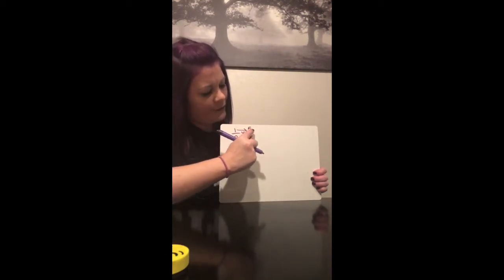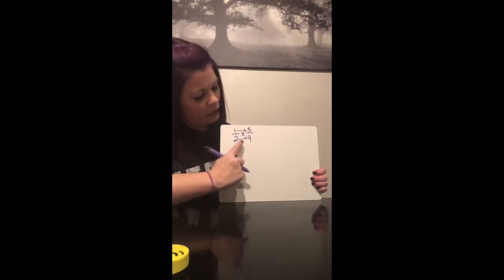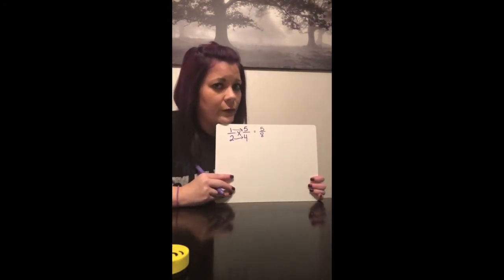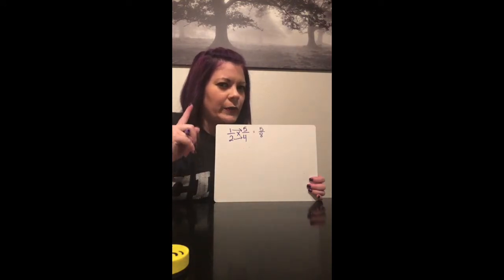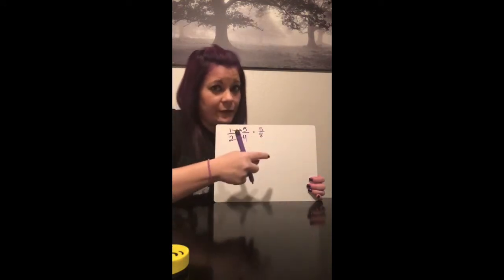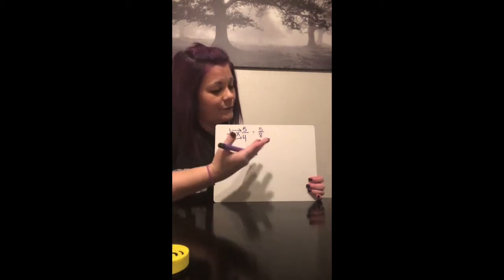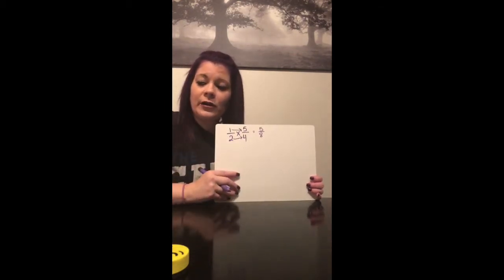So 1 times 5 is 5, and 2 times 4 is 8, giving us the answer of 5/8. And then if you can reduce, you reduce it. But I'm actually going to teach you a quicker way to reduce it before you even get your final answer. But stay tuned, because this one actually doesn't have to be reduced. So your answer is just 5/8.